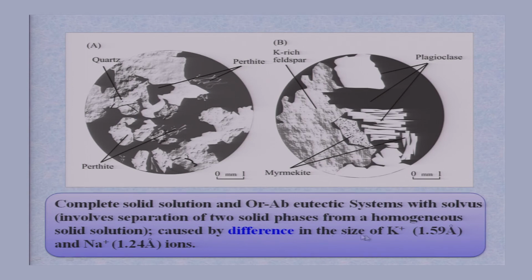So, again, it is the difference in the size of K ions, K meaning potassium ions, whose ionic radius is 1.59 angstrom, whereas sodium cations have an ionic radius of 1.24 angstrom. So, there is not much difference in their ionic radii, and they can be replaced: Na can replace potassium, potassium can replace sodium, vice versa.